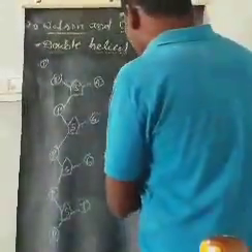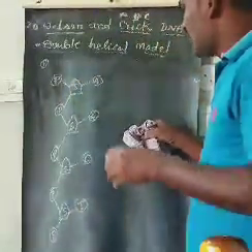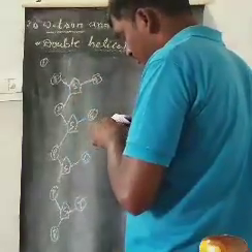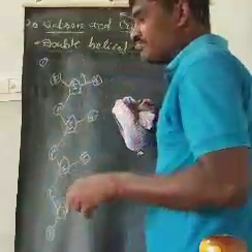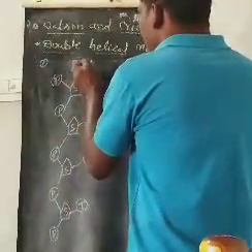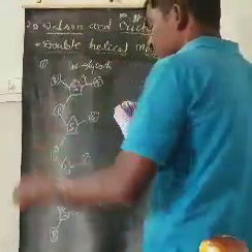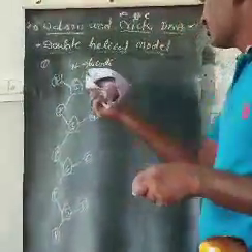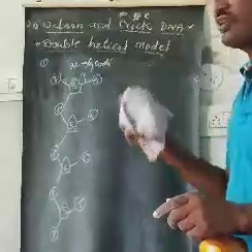And the nitrogen bases bind through N-glycosidic bonds. So the nitrogen base pairs are bound to the pentose sugar.